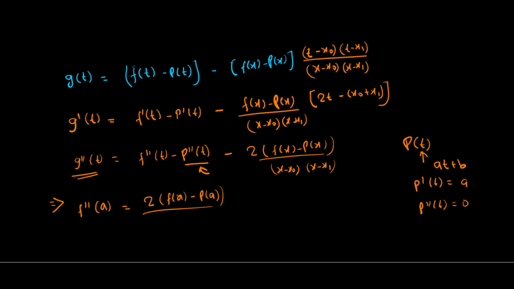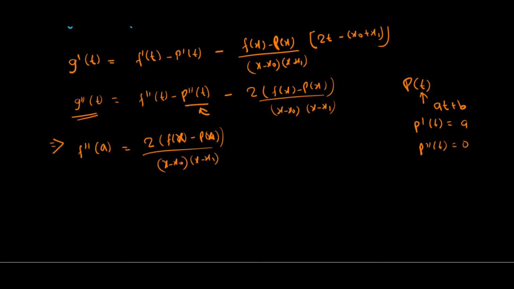here, this will be equal to f of x, not f of a, because we are putting the value of t is equal to a, not x is equal to a. X here is treated as constant. So this will be 2 times fx minus px upon x minus x naught into x minus x1, right? And this fx minus px is nothing but my error term that we defined as e of x.